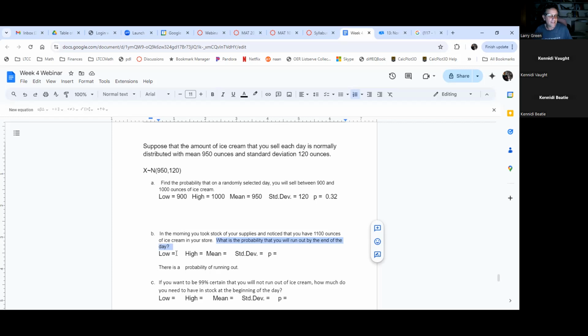So again, we say, what is the low? What's the lowest amount of ounces to run out? What's the lowest amount of ounces if you're going to run out of ice cream for this case? Not sure you got 1,000 because that's not a number anywhere, but it's 1,100. Might have been a typo.